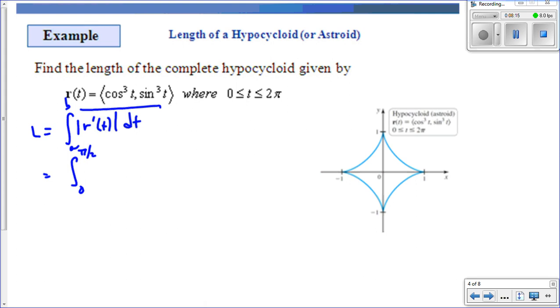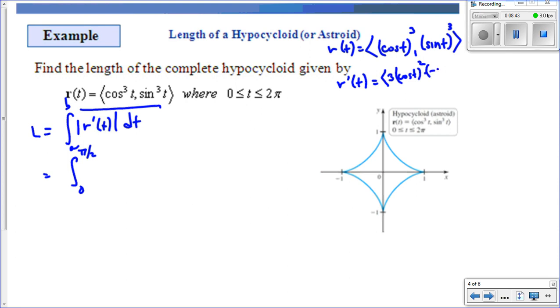I know what r is, so I need to find r prime. Now r, I'm going to rewrite this as cosine of t cubed and then sine of t cubed. So taking the derivative, I need the power rule. 3 cosine of t squared times the derivative of the inside, which is negative sine of t, and then 3 sine of t to 1 less power, so it's going to be squared, times the derivative of the sine of t.